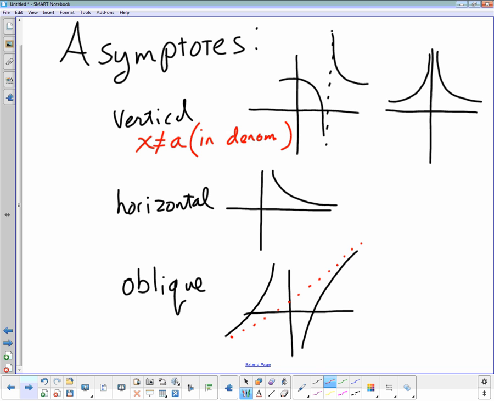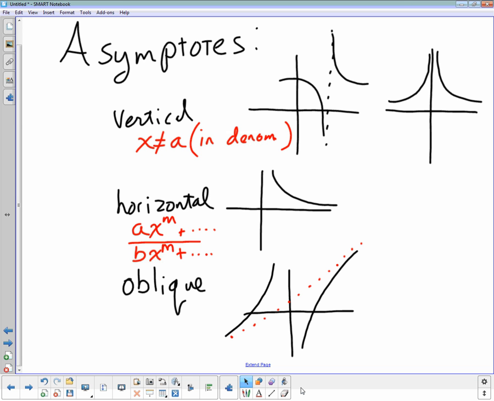Horizontals occur when you have something like that. Actually, I should be very careful right here. Where they are both equal to each other.